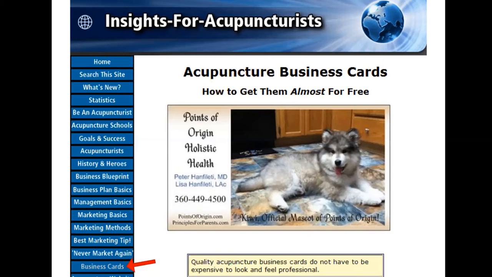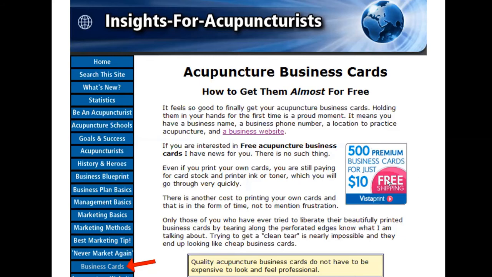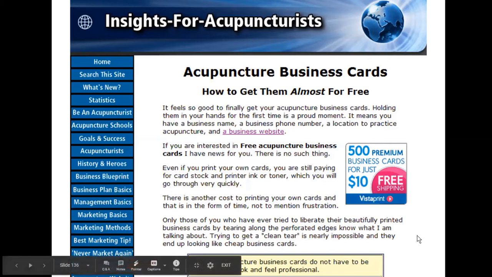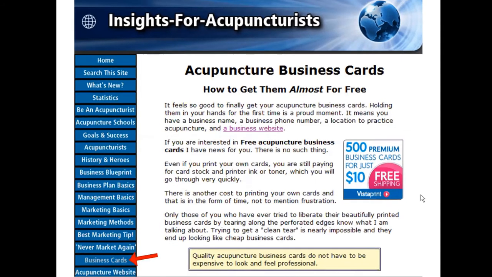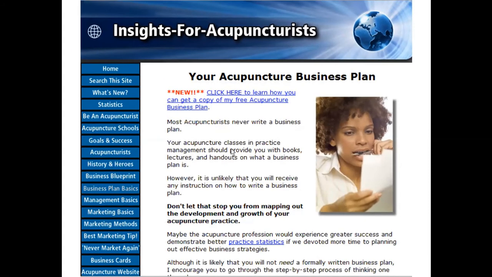And I had front and back and shiny and glossy, and I explained all different kinds of things about them. And whenever somebody clicked on this link here, get 500 premium business cards for $10, or clicked on one of my other links, which I'm not showing right now, I would get a commission on their Vistaprint order. This is a different example of how I generated income on the same website.